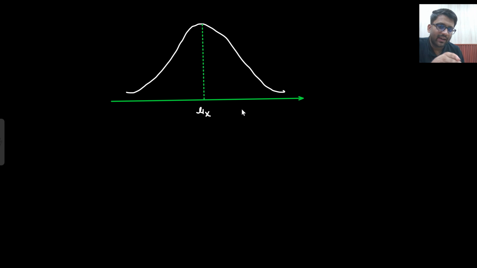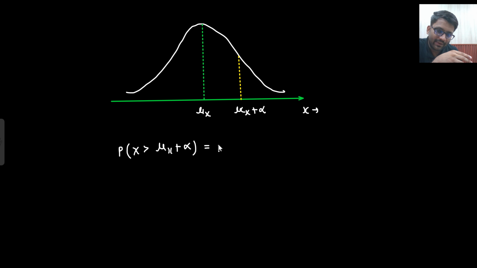If I am going alpha ahead, that means if I am reaching here, mu x plus alpha, and there is some probability given that x is greater than mu x plus alpha, that is p.